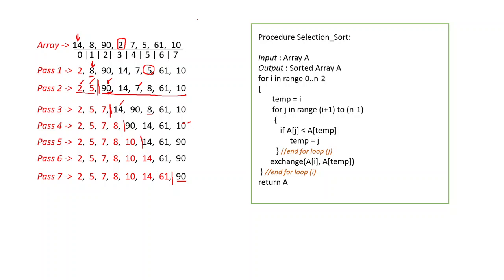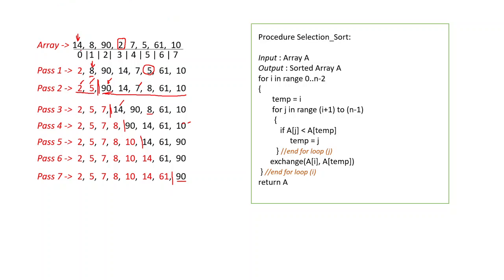And again, we need another variable which will keep an account of which index so far contains the smallest element.